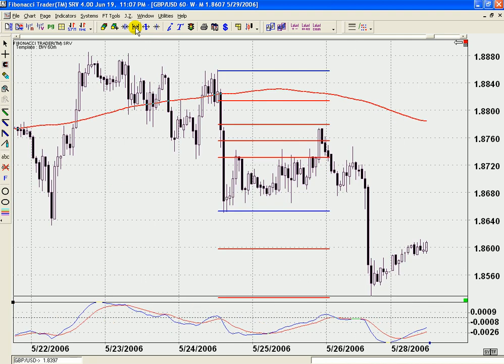I hope you don't mind me mixing some technical components into our Fibonacci software lesson. But you see the size of this move from approximately 87.50 down to 85.50, which is a 200 pip move intraday. Intraday it actually starts up here, but it's a 200 pip move.